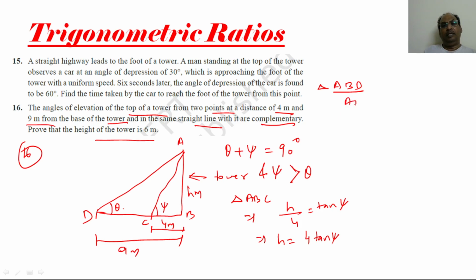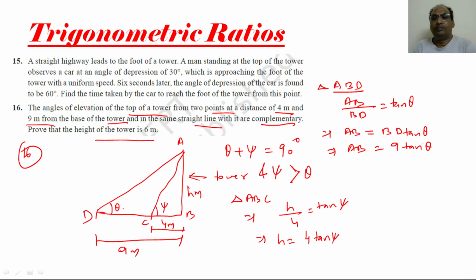So AB by BD is equal to tan theta. AB is equal to BD tan theta. AB is equal to 9 tan theta.